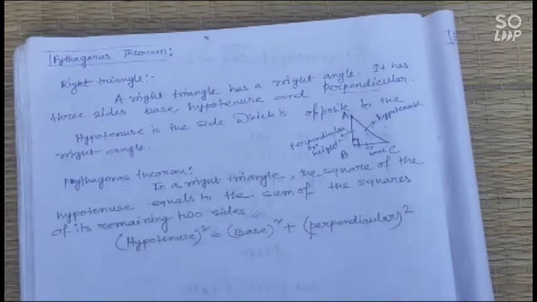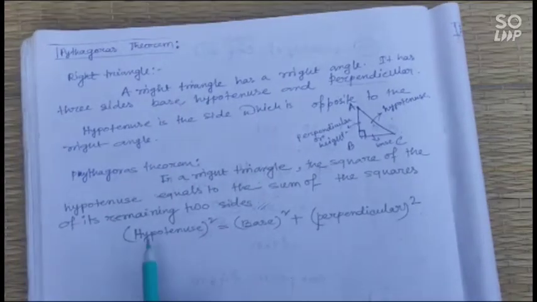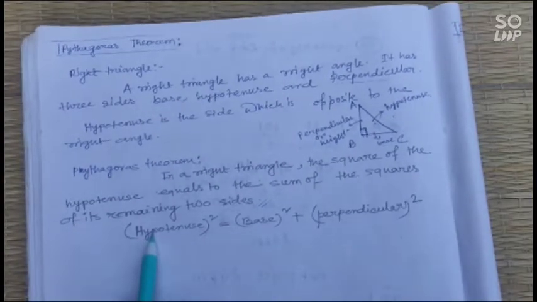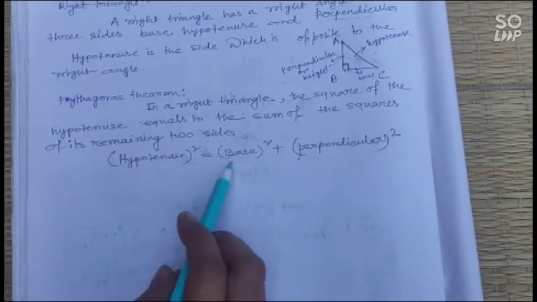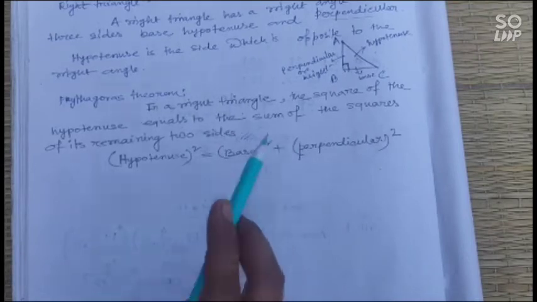That means the square of hypotenuse equal to the sum of the square of base and perpendicular. That is, the square of hypotenuse equal to the square of base plus square of perpendicular.